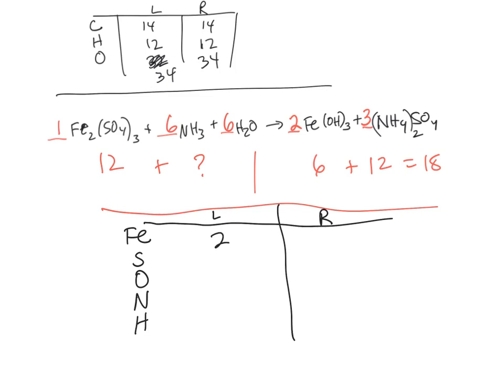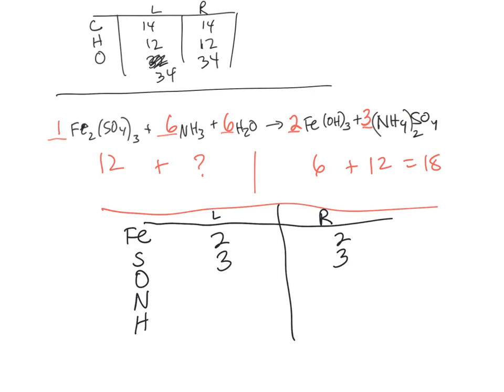So there's 2 irons on the left, 2 irons on the right. Sulfurs on the left, nope, I'm sorry, there's 3 sulfurs on the left and 3 sulfurs on the right.